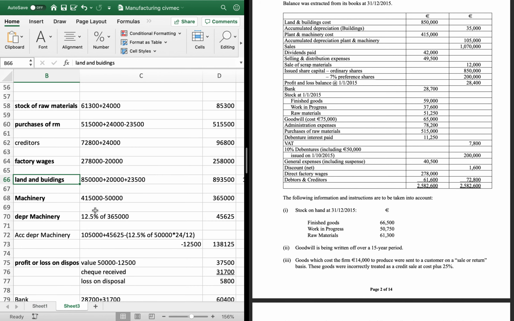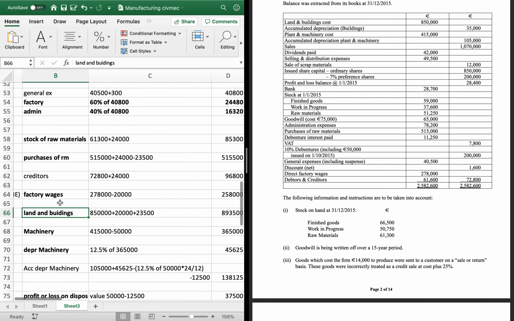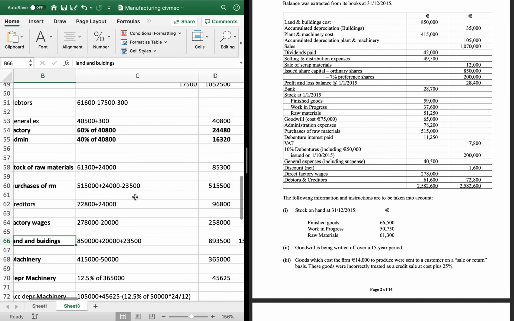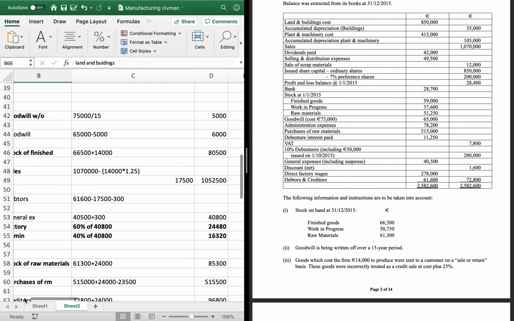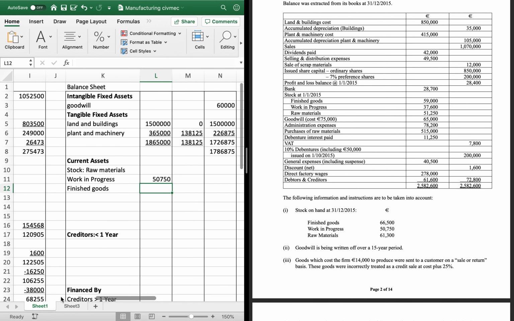So your raw materials 85.3 and your finished goods is 80,500. So raw materials 85.3 and 80,500. So what other ones do we have?